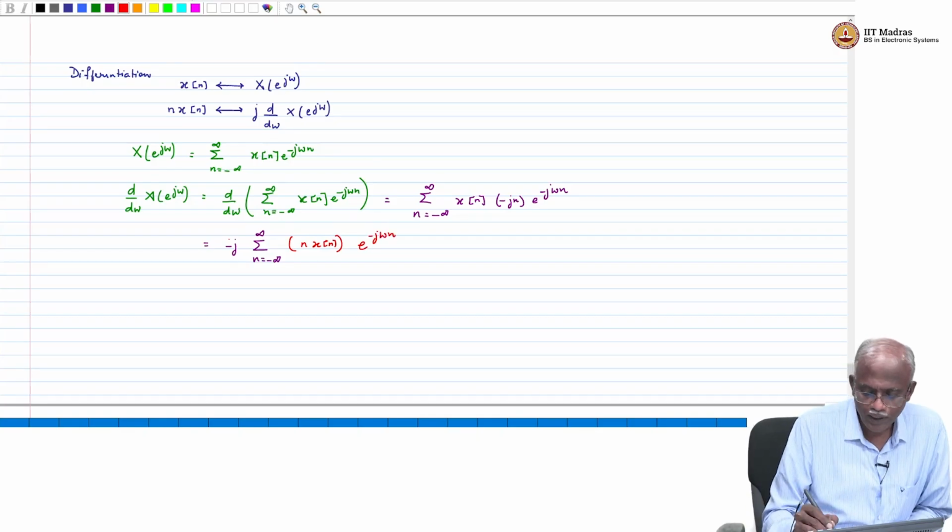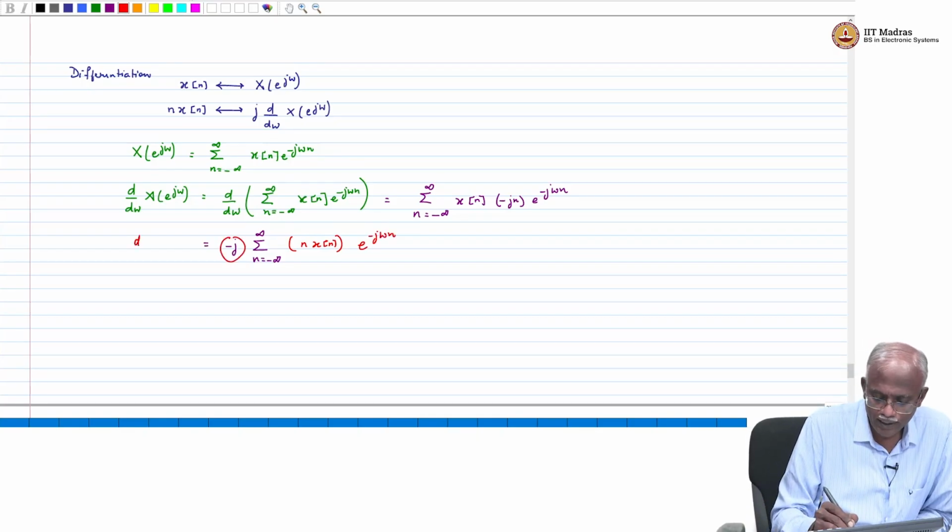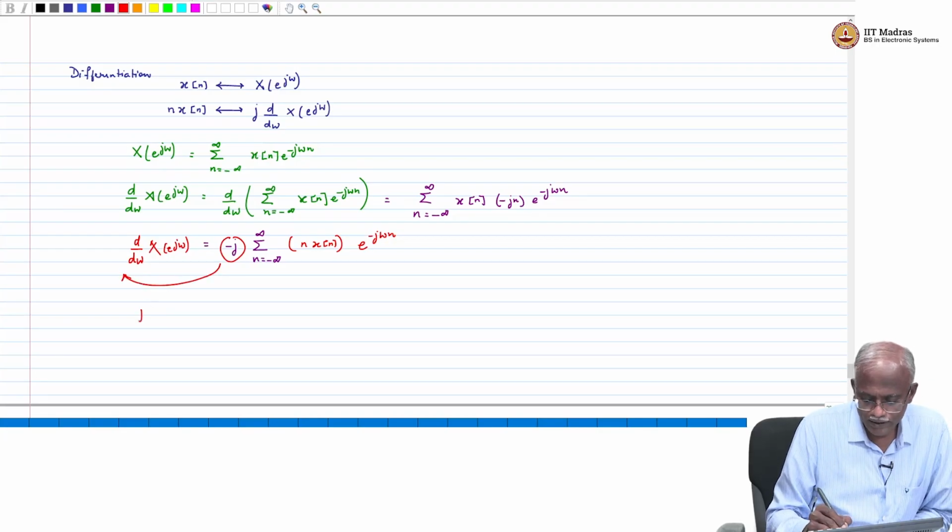Just one more step, bring this minus j to the other side, X e of j omega. If you bring it over to the other side, what do you get? 1 over minus j is j times d by d omega X e of j omega.